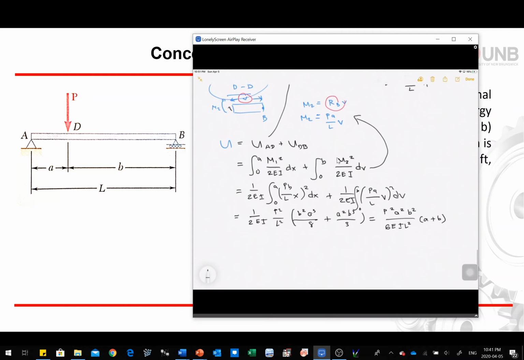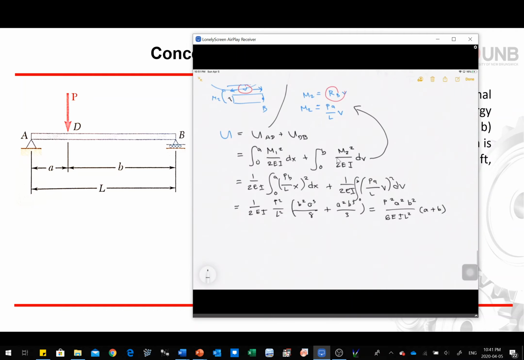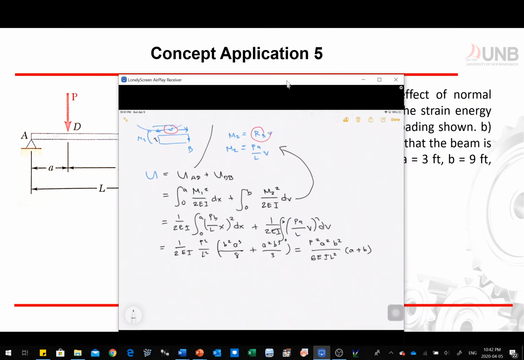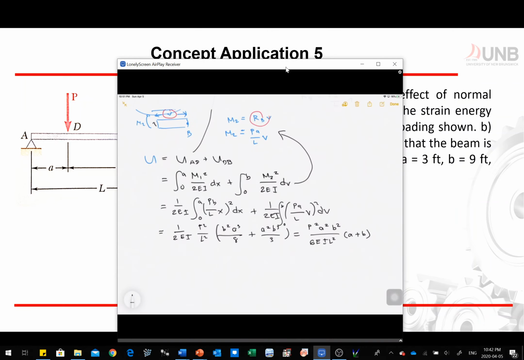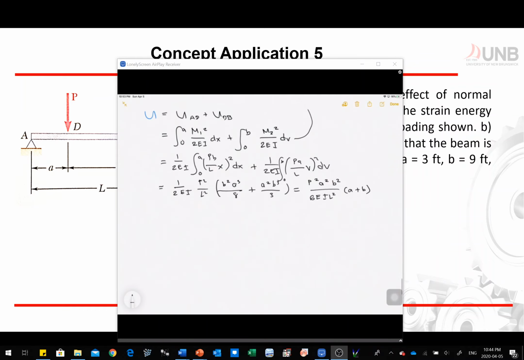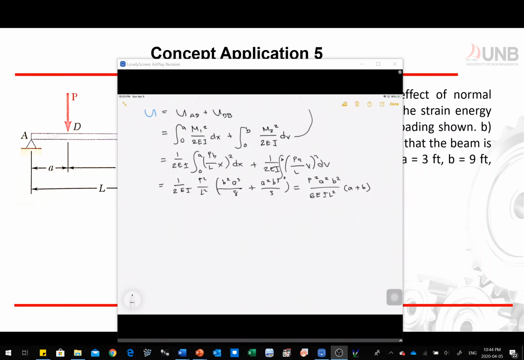So now that you have that one, you can calculate your specific number for strain energy using the numbers right here. Now let's do that using this equation here. So now your U is equal to this equation.